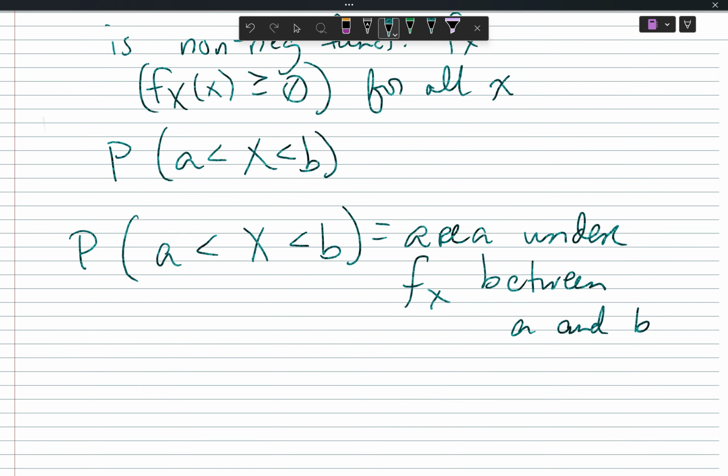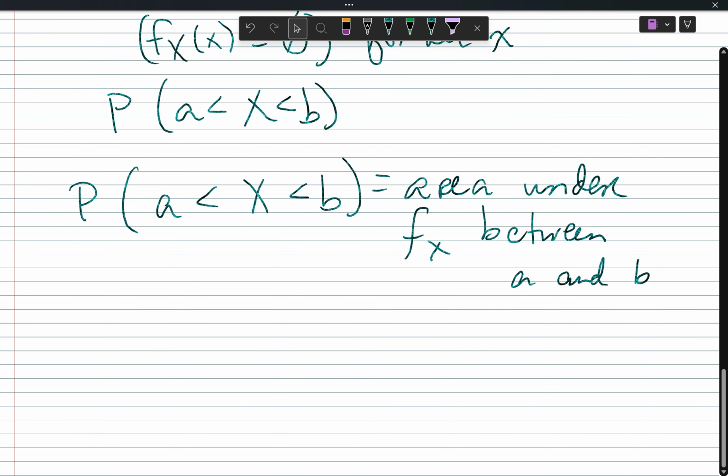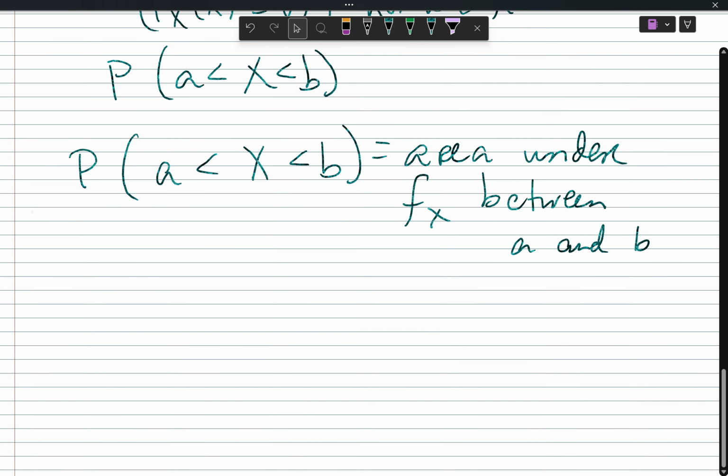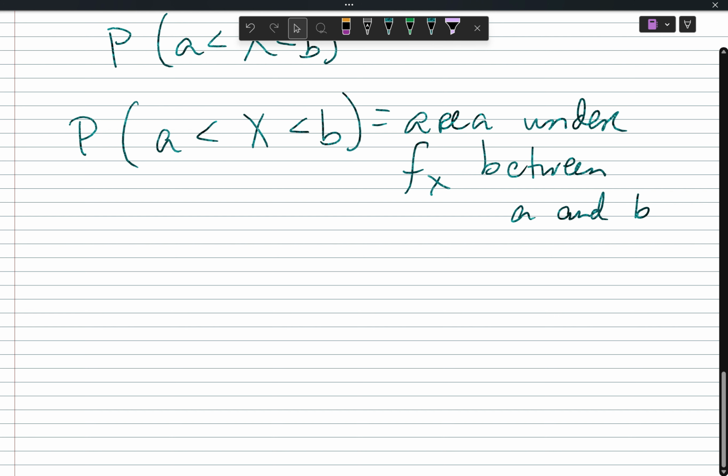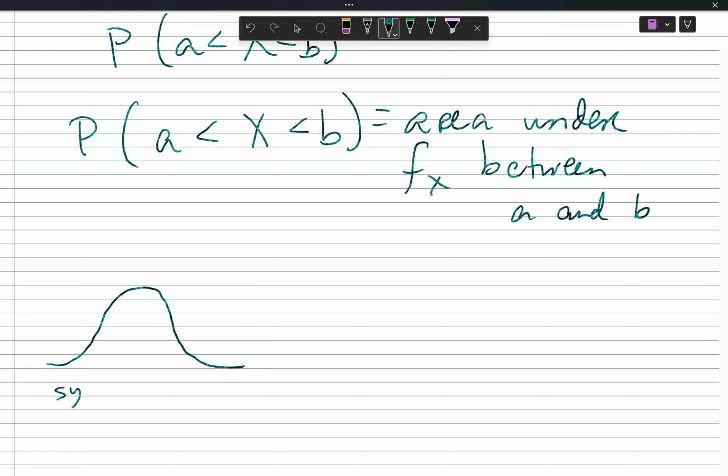So we can even present some typical shapes of probability density functions. Here, I'll show some right here. This one would be symmetric. Another one, bimodal.